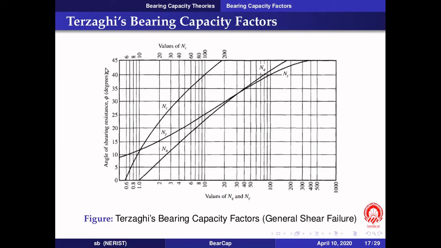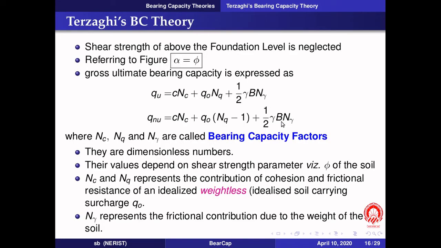Here we have the angle of shearing resistance phi in degrees, and this curve gives me the value of NC. We can read the value of NC if I know the phi value, and put it in that equation. Similarly, I can use these curves for N gamma and NQ. By knowing the value of phi, I can find out the values of NC, NQ and N gamma, and then use them in this equation to get the net ultimate bearing capacity.